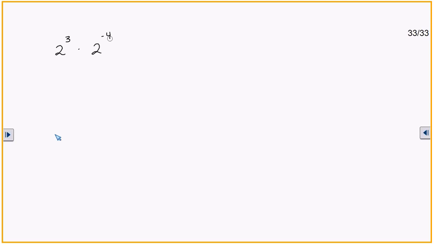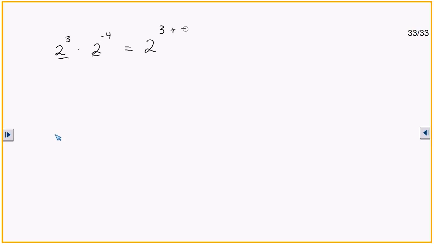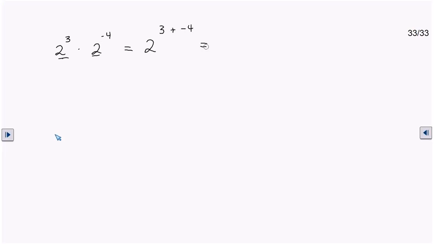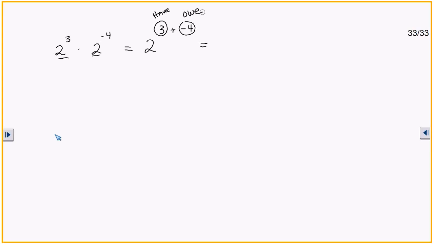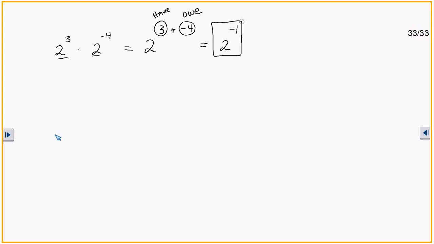So that will be same base, 2 to the 3 plus a negative 4. And remember in my video, you have $3. You owe $4, therefore you owe $1. Now, for basic math, that's all I want.